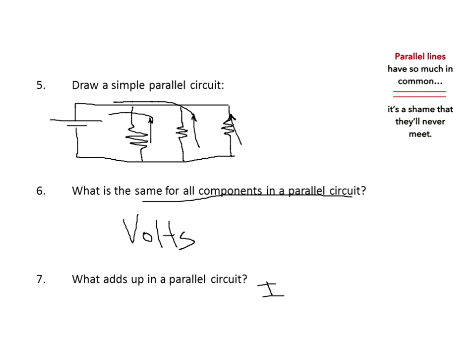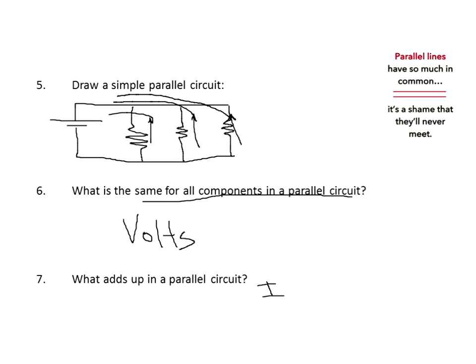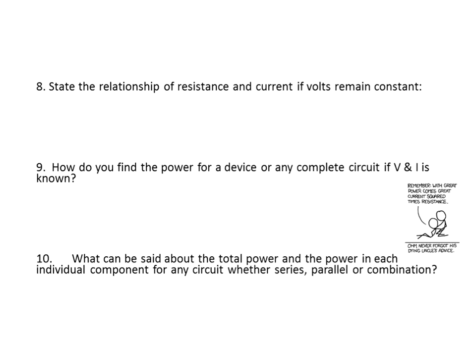They all come together on this one node right here, and all the current adds up. So back here in the series circuit, V1, V2, and V3 added together equals V total. But here, it would be I1, I2, and I3 added together equals I total.